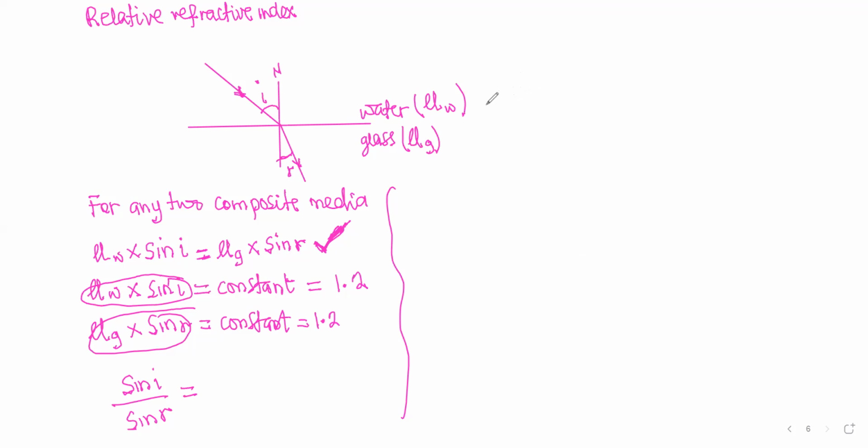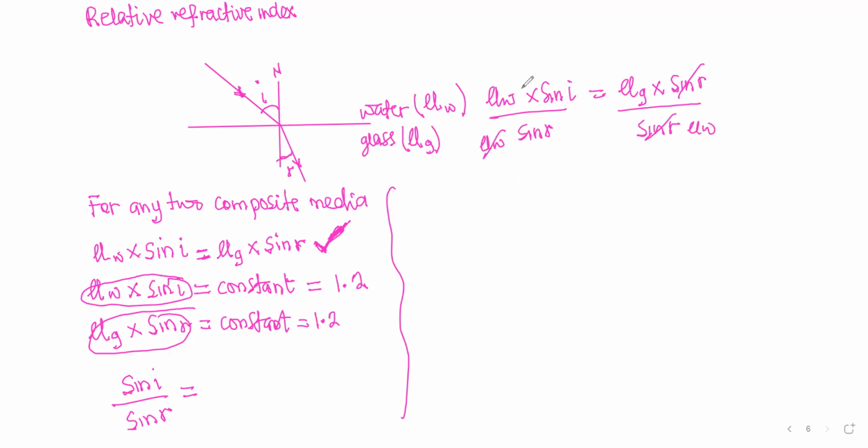So mu W times sine I is equal to mu G times sine R. To do this, I must first divide through by sine R, and also divide through by mu W at both sides.